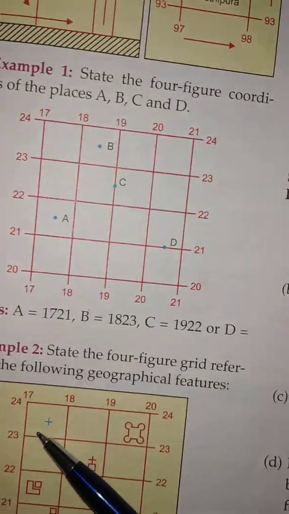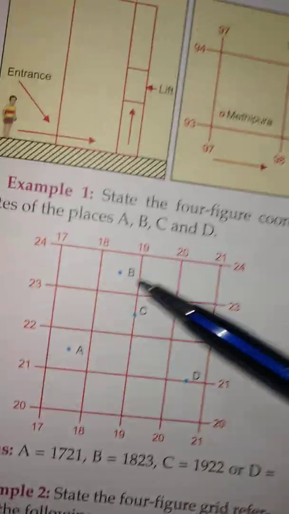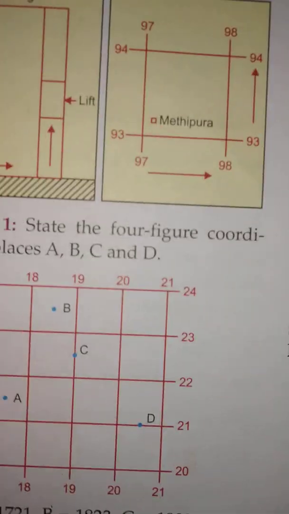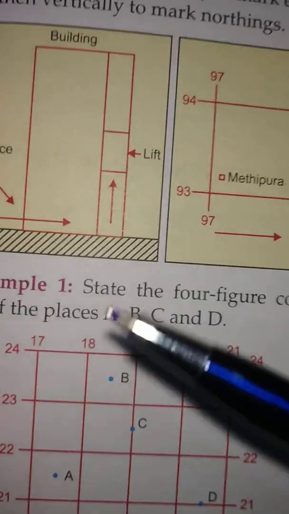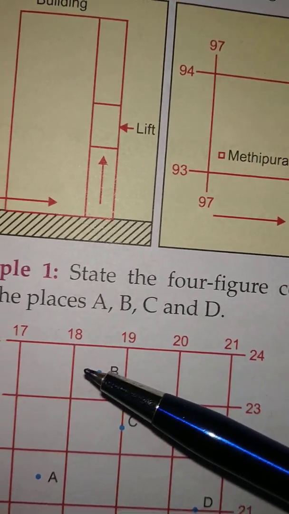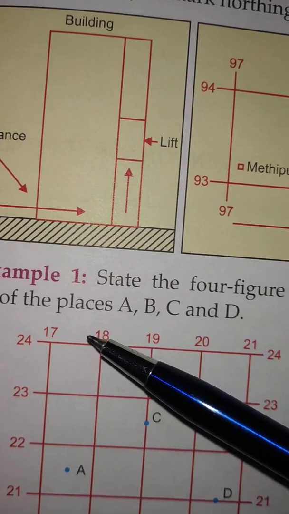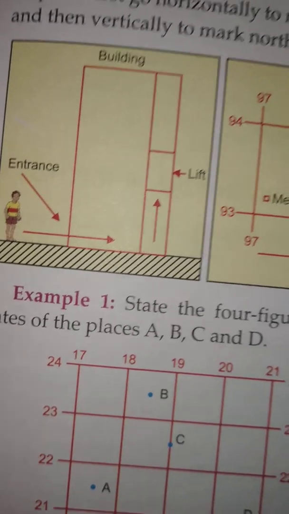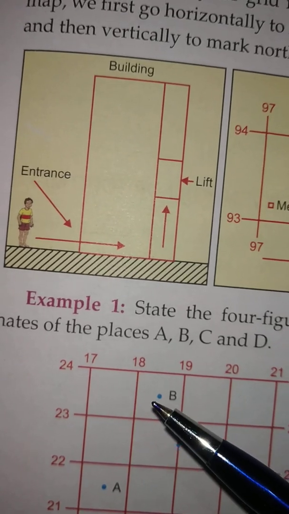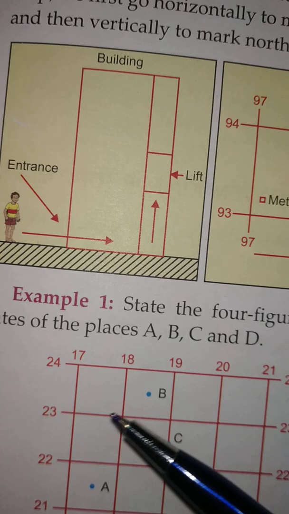can you see this 4-figure grid reference? You can see this example also. Now try to see this example. So we have the 4-figure grid reference. The 4-figure grid reference of this point B is 18 and 23.